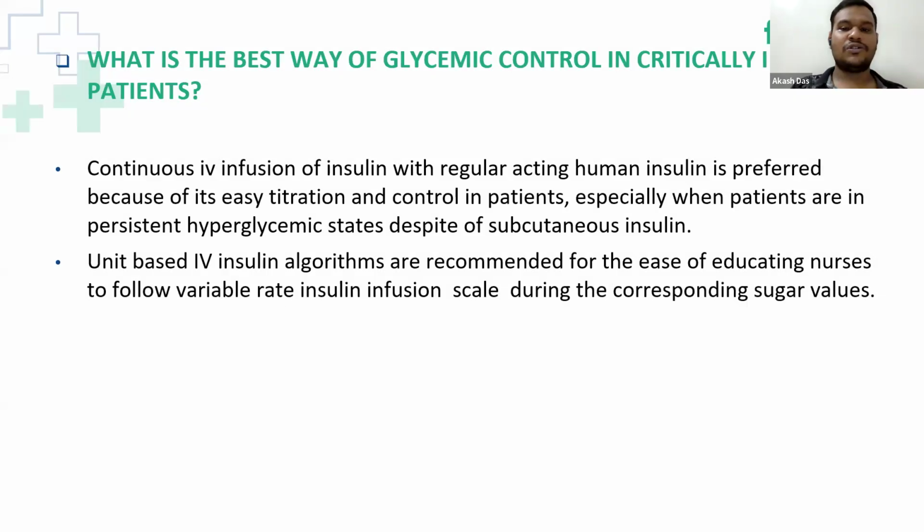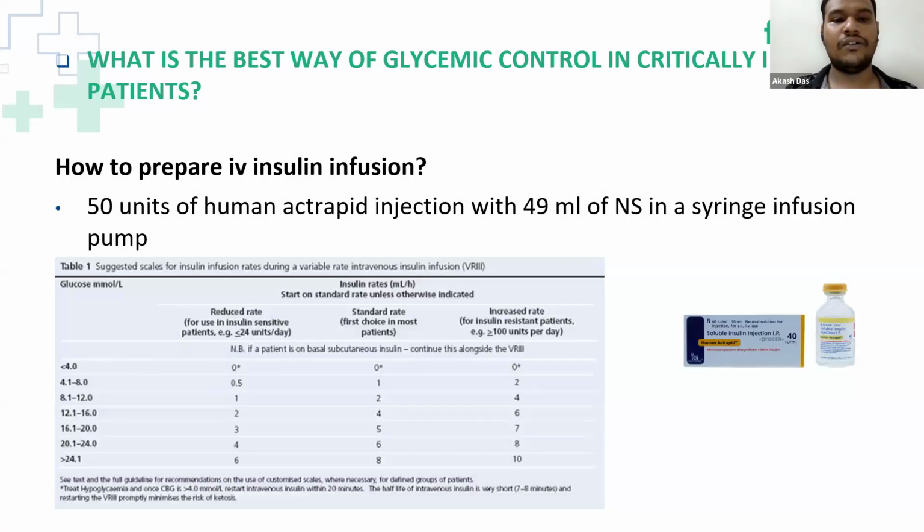Okay. So what is the best way of glycemic control? How to prepare the IV insulin infusion? It's very simple. You take Actrapid, which is your regular human insulin. You take 50 units of Actrapid and you dilute it with 49 ml of NS, and you start the infusion.